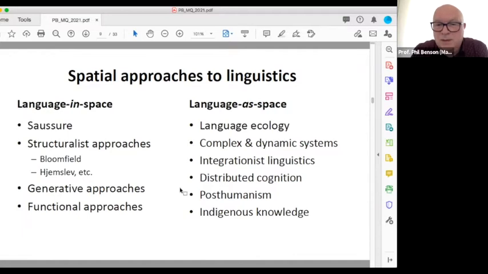Distributed cognition approaches, the post-humanist approaches, Alistair Pennycook, and also people who work, I think, with indigenous knowledge systems. Indigenous knowledge is often seen as dealing with a far more integrated world than the more traditional approaches to linguistics do.